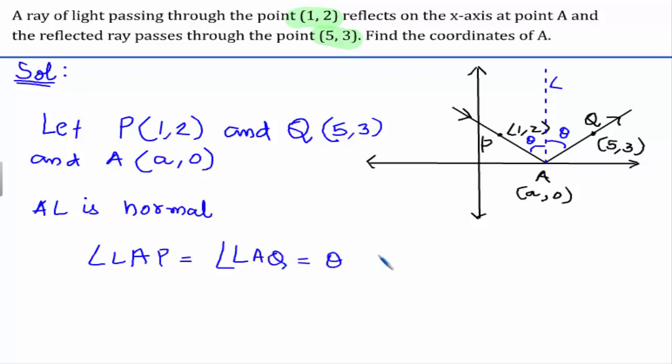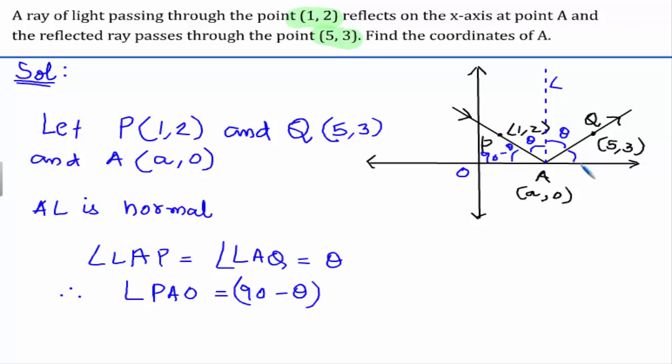Here you know that angle of incidence is equal to the angle of reflection. So therefore angle PAO, here O is the origin, is 90 minus theta. So this angle is 90 minus theta.